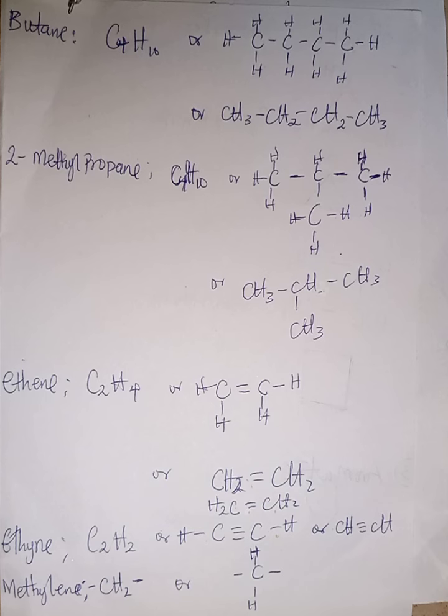They are formed, not alkynes, no, alkyls. You can browse to see it. Alkyls are formed when an alkane loses just 1 hydrogen atom. If any alkane loses 1 hydrogen atom, it will be called alkyl. Take note of that.